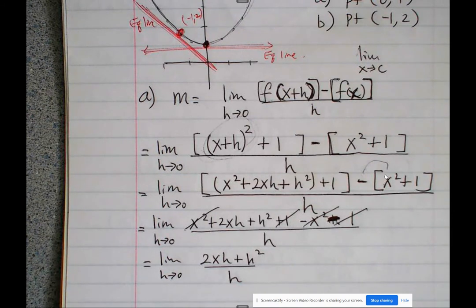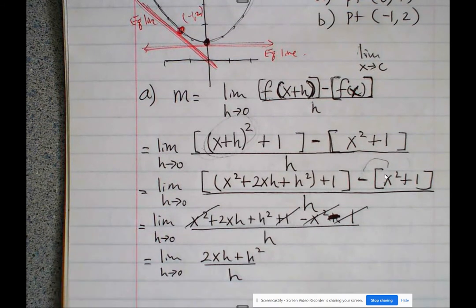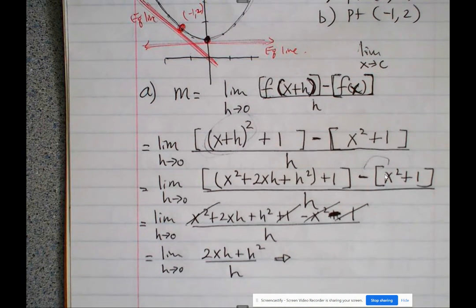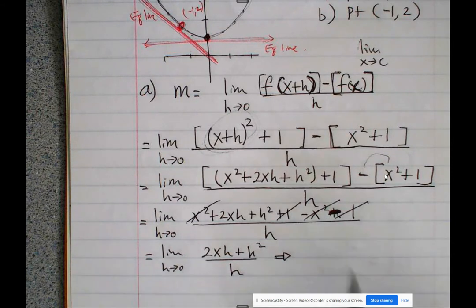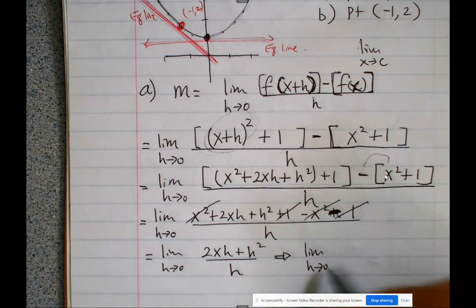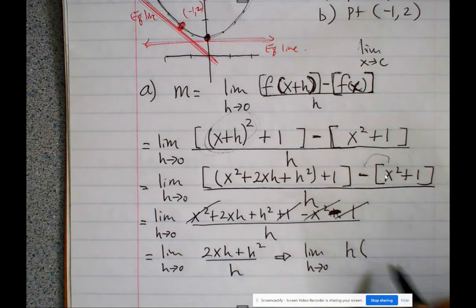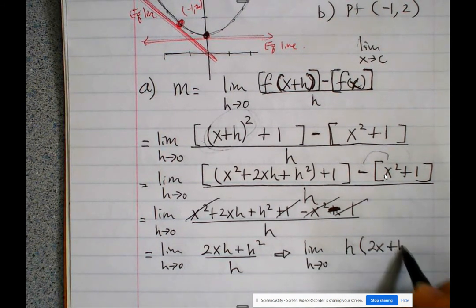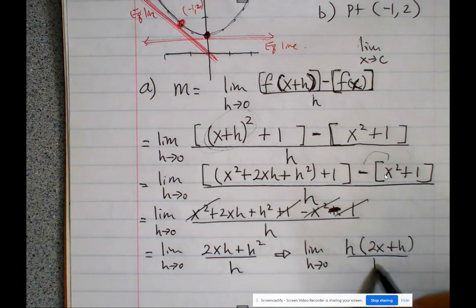What do you notice about your top numerator? Do you have anything in common? Stay with me. I'll give you time to copy this. Do you see anything in common? H. So what is it if you factor out an h? What do you have left over? 2x plus h all over h, isn't it?